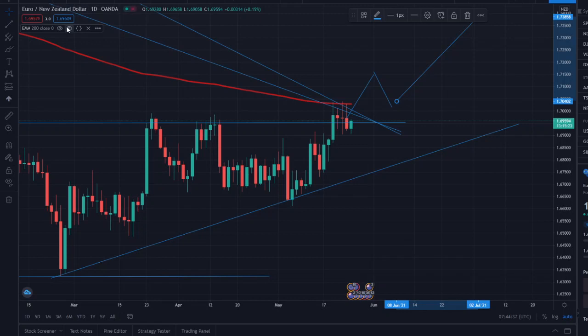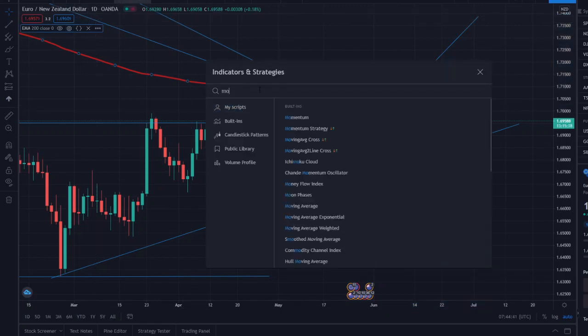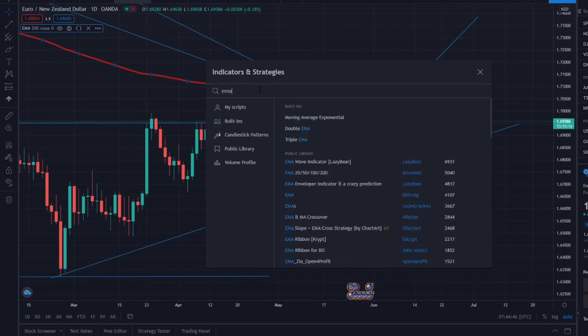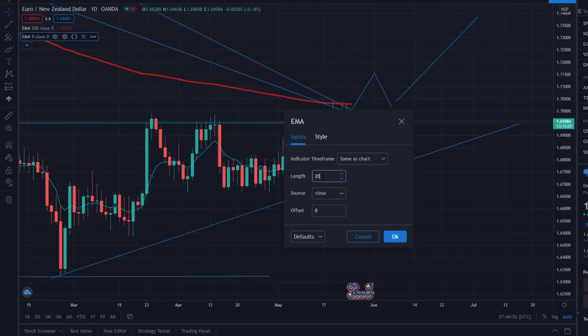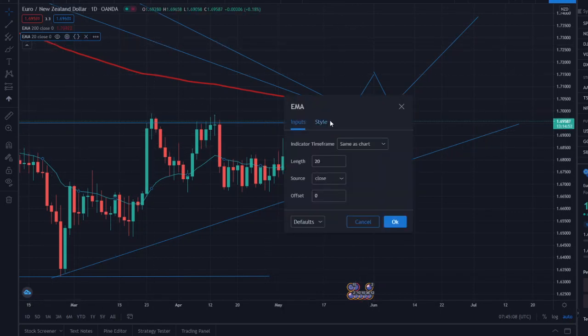So if we add the, you can see we are trading since almost 10 days above the 20-day EMA, which indicates a bullish trend.